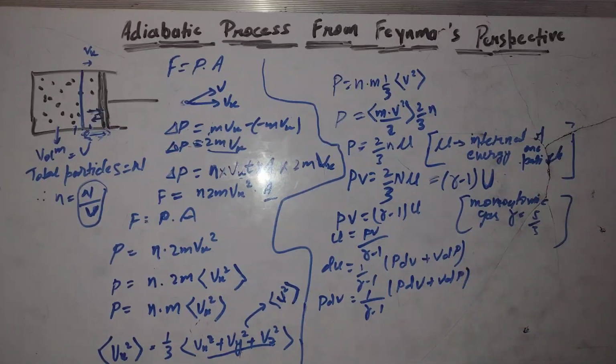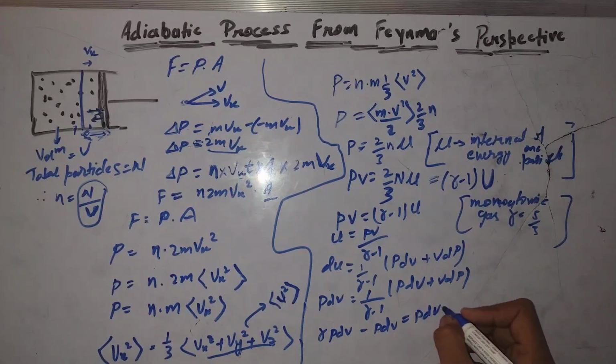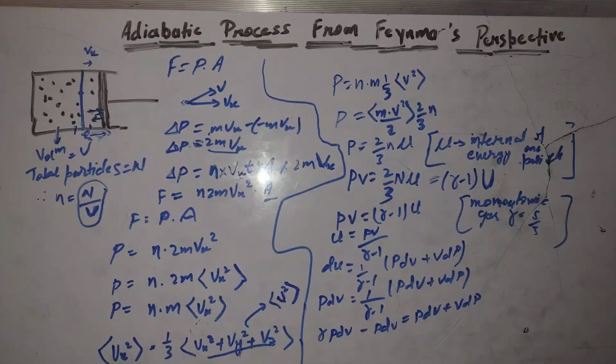We multiply this gamma minus 1 here, so we get gamma into PdV minus PdV equals PdV plus VdP. That's the equation.